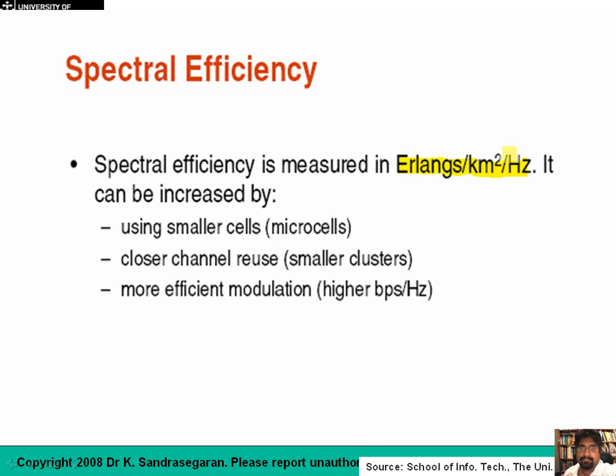Some people express it in Erlangs per kilometer squared per megahertz, some people measure it in hertz, but it's the same thing. It's an indication of how efficiently you are able to carry traffic with a limited frequency spectrum.